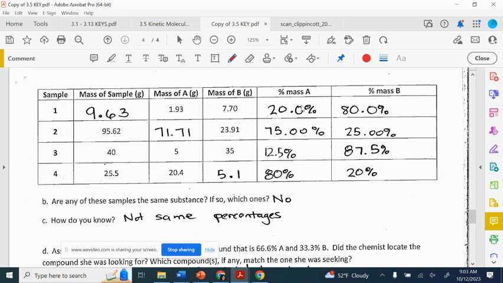No, the only way that's going to happen is if A is 20%. It's like saying you've got dogs and cats. Here you've got 20% dogs and 80% cats. Here you've got 80% dogs and 20% cats. You're not going to have the same things in that mixture. Does that make sense? So no, it's not the same substance.